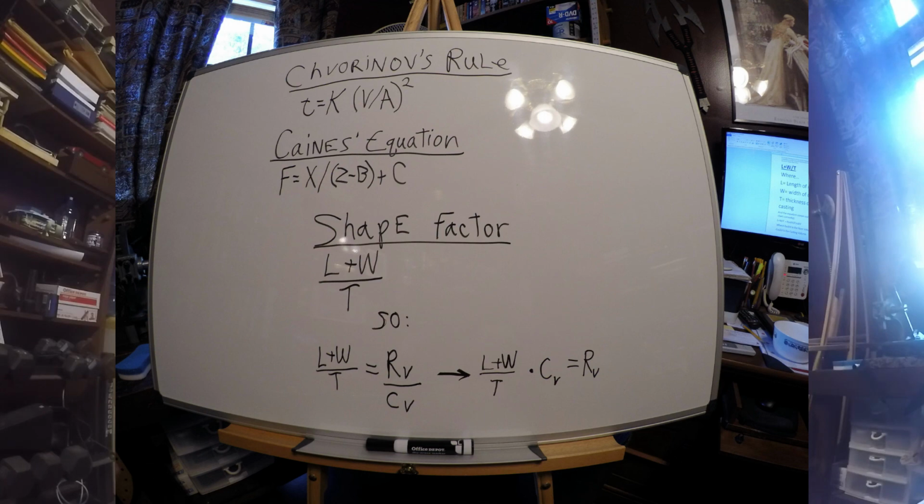The other leg of the chart, you had what was labeled R sub V divided by C sub V, where R sub V is the riser volume and C sub V is the casting volume. Now that's a little bit simpler than the other two formulas.